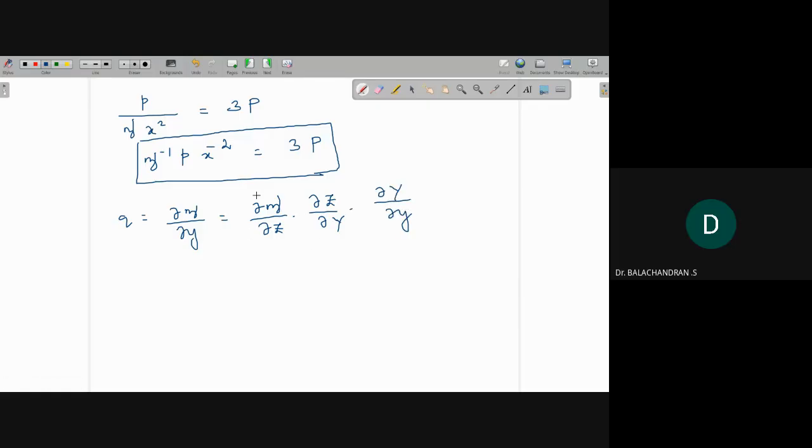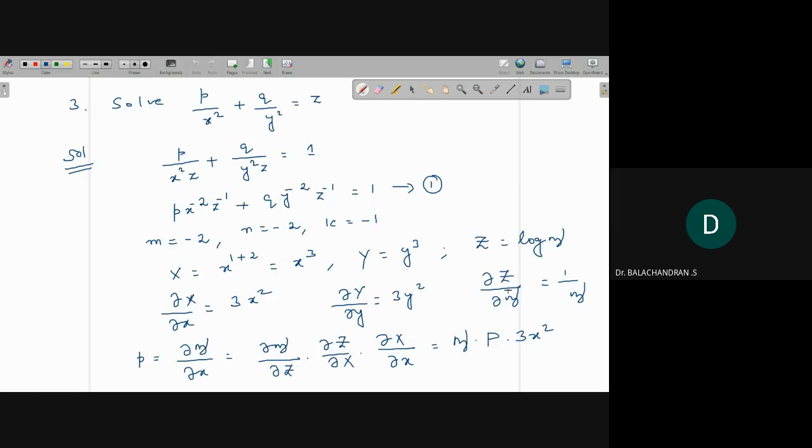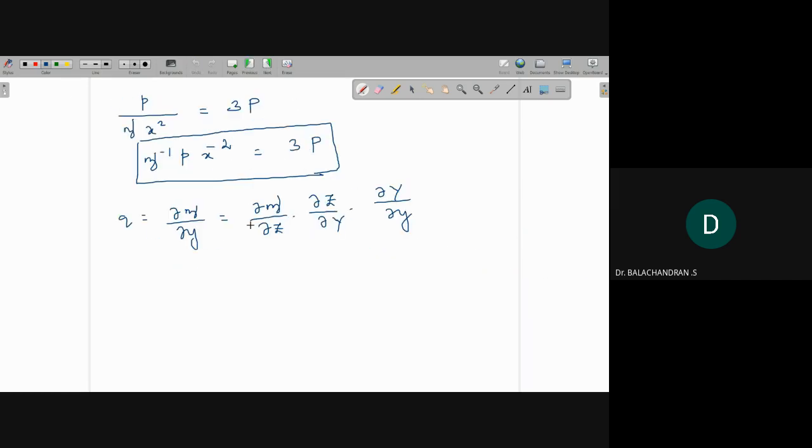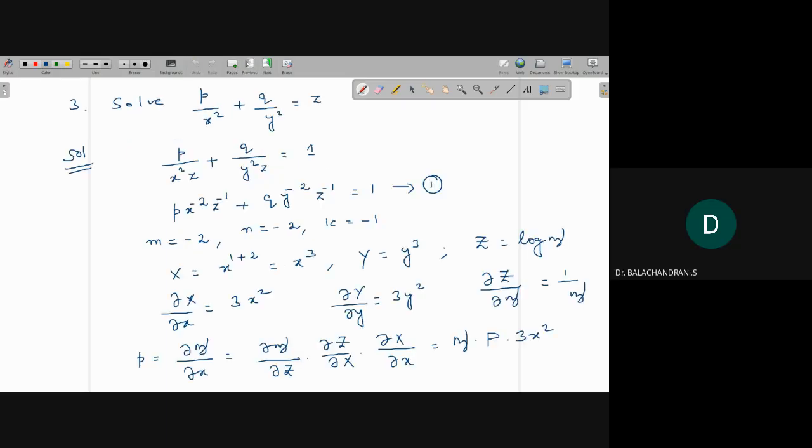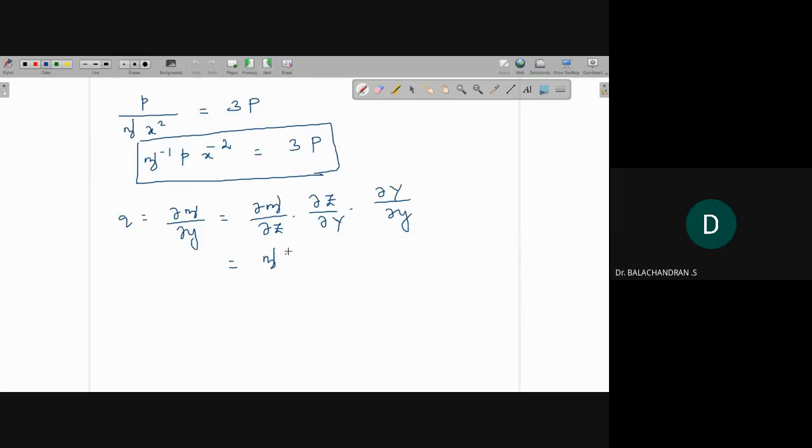Dou small z by dou capital Z is the reciprocal of z, and dou capital Z by dou Y is capital Q into 3 small y square. So this is equal to q. So q z power minus 1 into y power minus 2 is equal to 3q. Directly I wrote.